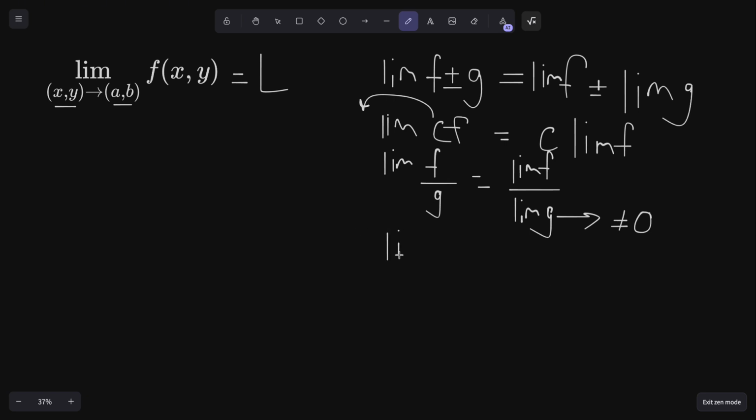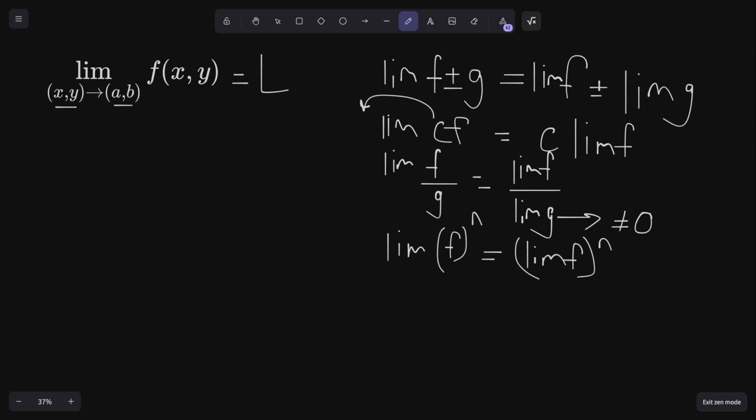And then we can have the power rule, or exponent rule. The limit as f is raised to some power n is going to be equal to the limit of f, raised to that same power n. Okay? So, you've seen these before. They still apply to multivariable functions. Let's get into some practice problems.